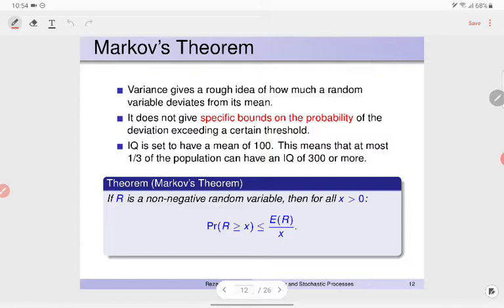Why? Well, assume that we have IQ and the average of the IQ is equal to 100.